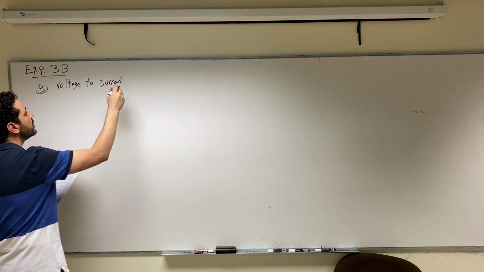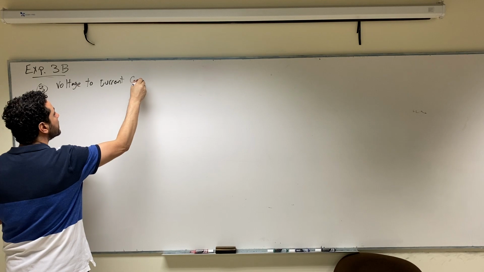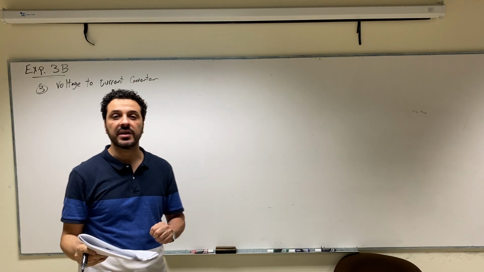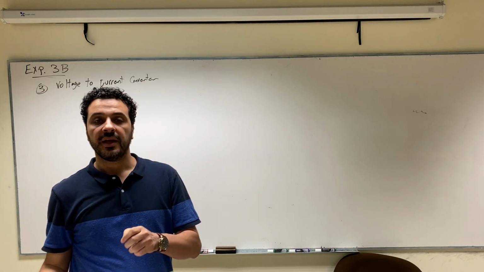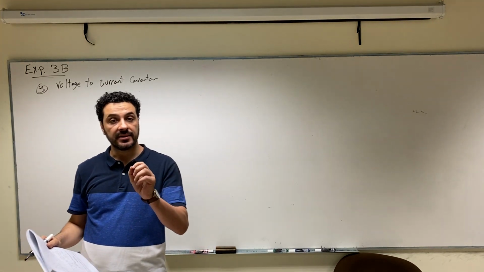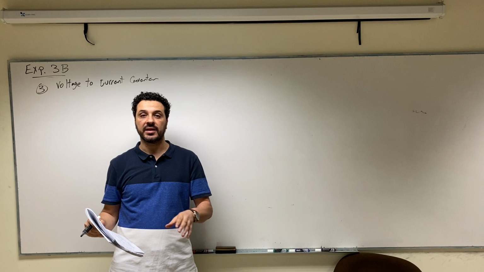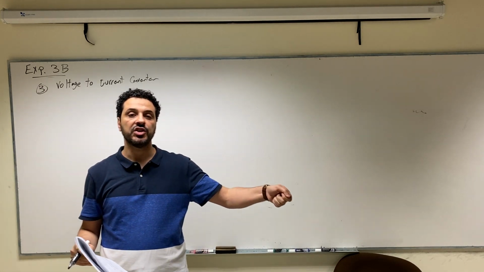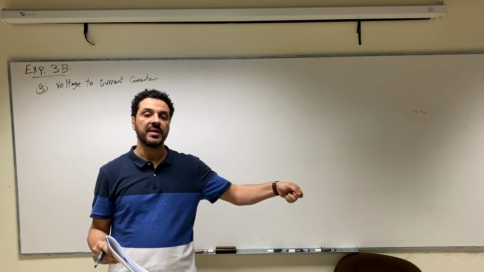What does it mean, voltage to current converter? Or what is the purpose of it? The purpose of a voltage to current converter is that you can control the current in a certain device, in a certain appliance, like a fridge or a computer. You can control the current by changing the input voltage.